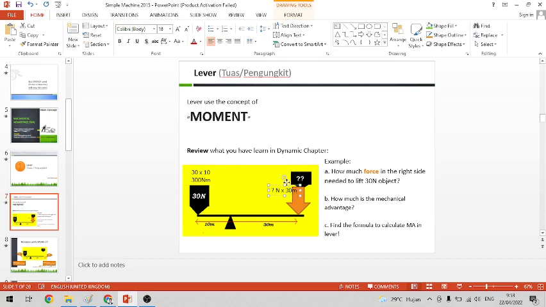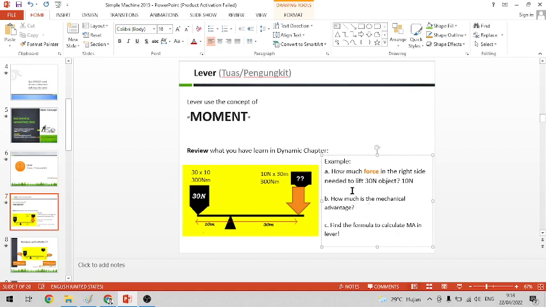And because it's in a balanced position, the moment of force on the left and the right should be the same, which is 300. It means the force should be 10 Newton. So it will be balanced. On the left and on the right, the moment of force is the same, 300 Newton meter. So how much force on the right side to lift the 30 Newton object? We only need 10 Newton.